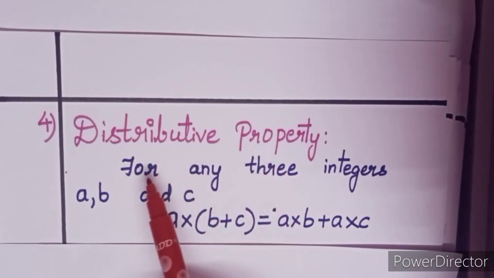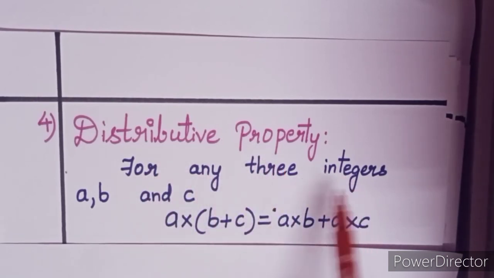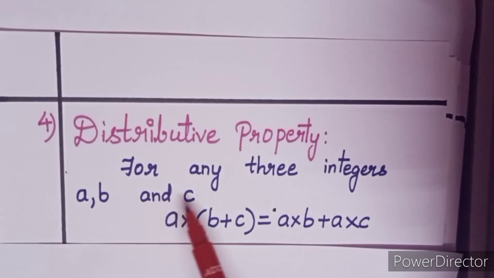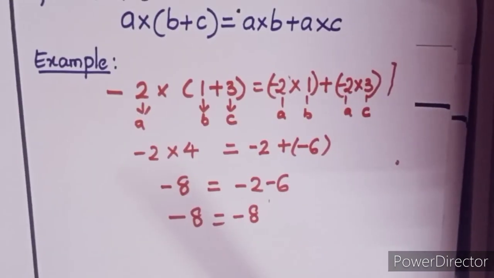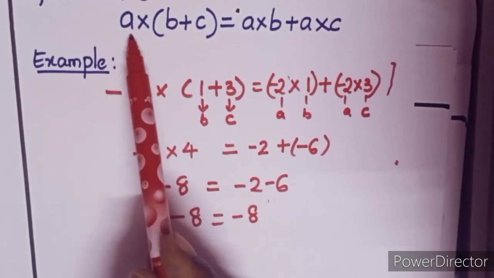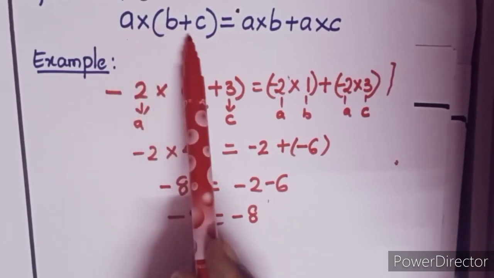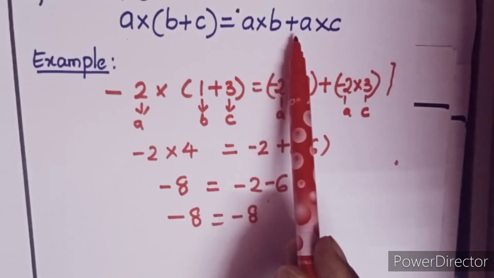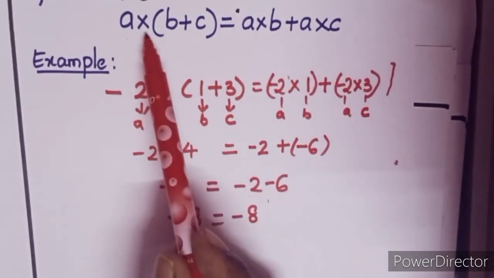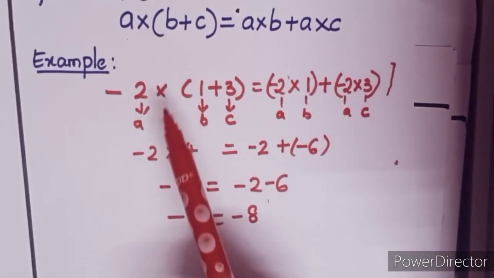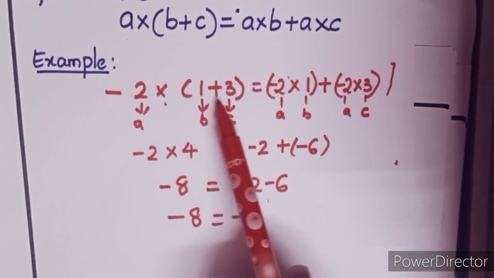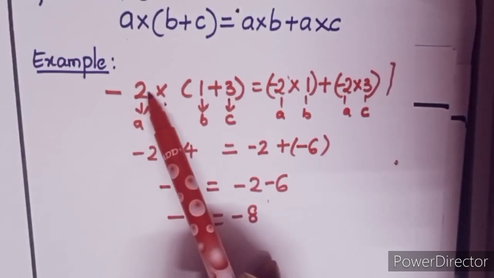Distributive property, children. For any three integers a, b and c, a into b plus c equals a into b plus a into c. For example, let us take first the left hand side: minus 2 into 1 plus 3.